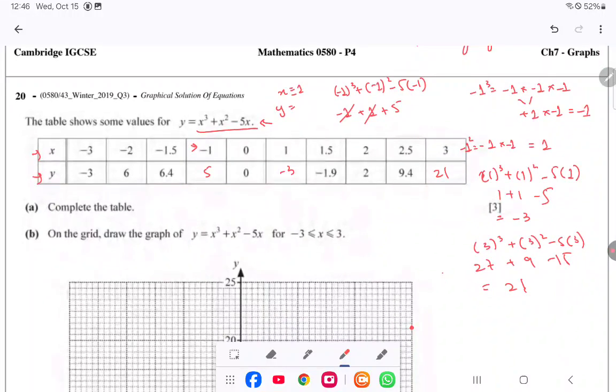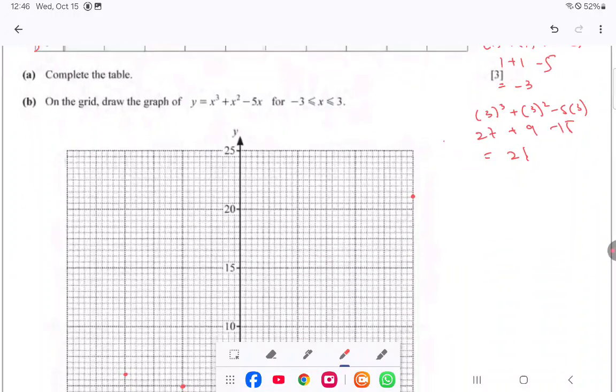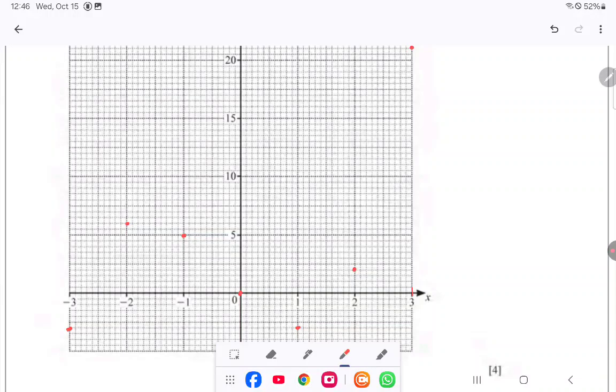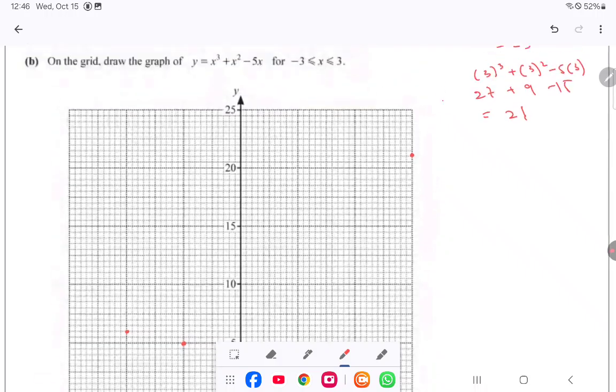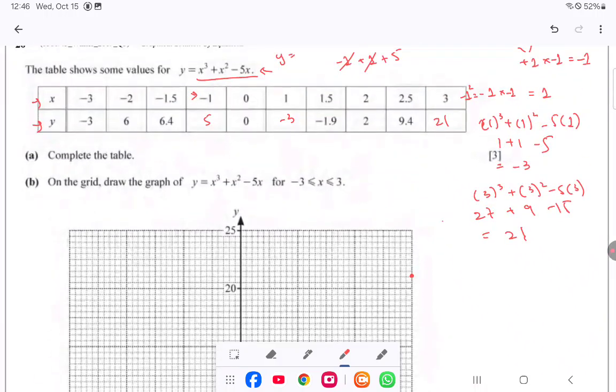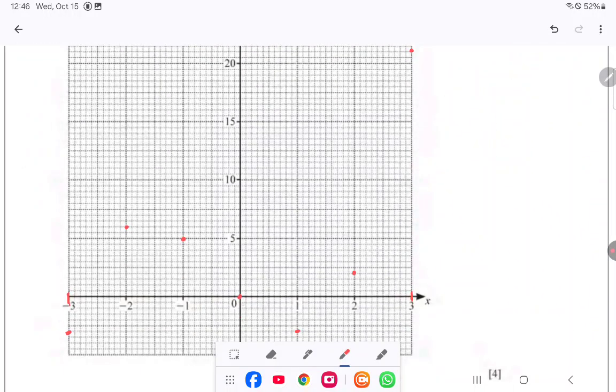And on the second part, on the grid, draw the graph of the same equation in which x is greater than or equal to -3 and less than or equal to 3. So these are the minimum and maximum conditions for x. Now put the points.